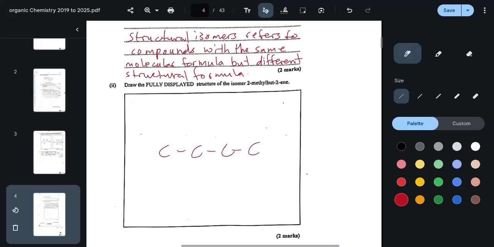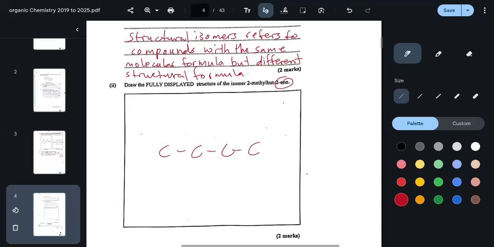So that's 4 carbons. Now, based on the name, which homologous series is the compound belonging to? Alkene. Right. And how do you know it's alkene? Which part of the name did you use? Sir, the ene in butene. It shows where the double bond is.